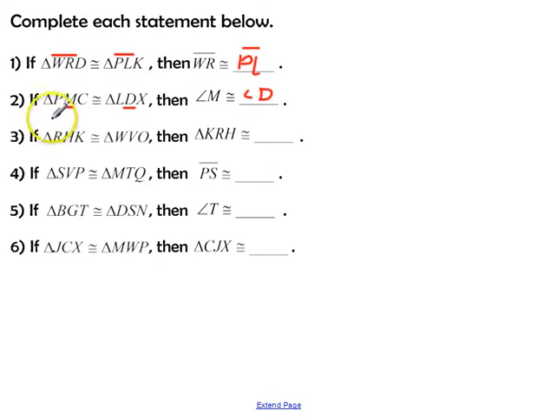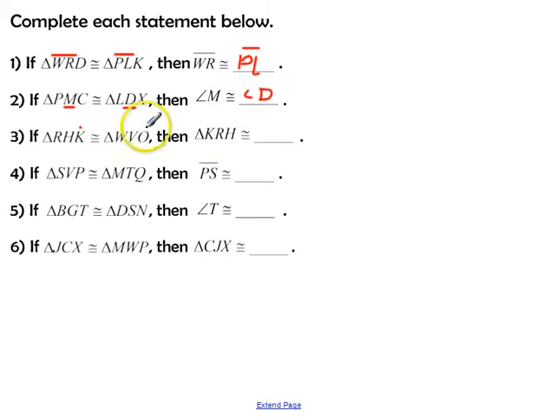And then lastly, if we're given a congruent statement, triangle RHK is congruent to triangle WVO, then triangle KRH. So this is what I was talking about when I said you can rearrange the letters in the triangle congruent statement as long as they're in the corresponding order. So the first one we put was K, which is our last one here.